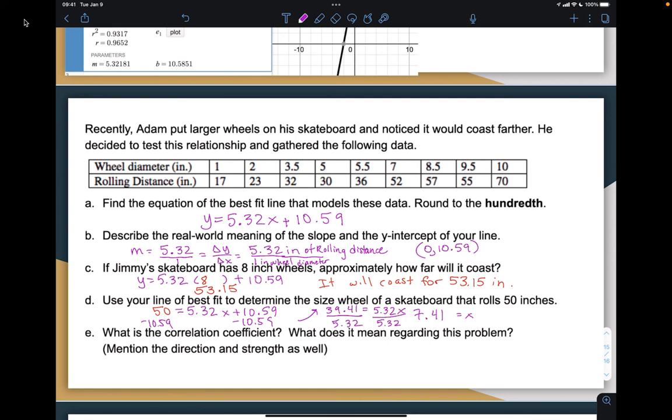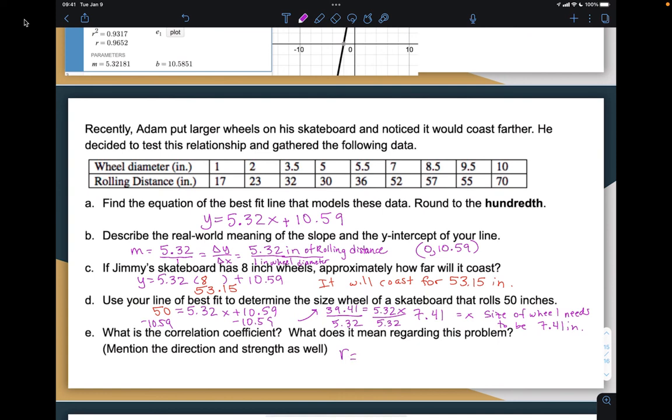So the size of the wheel needs to be 7.41 inches in diameter.